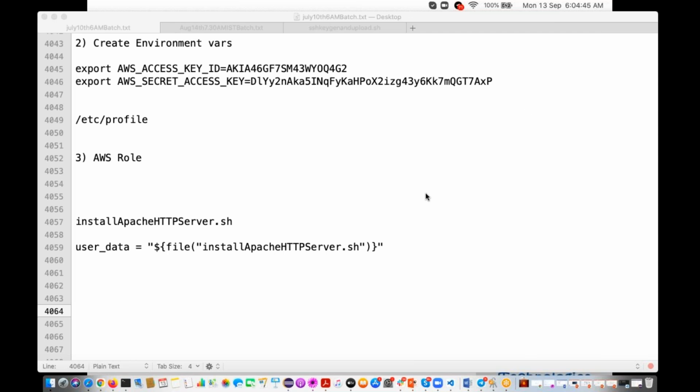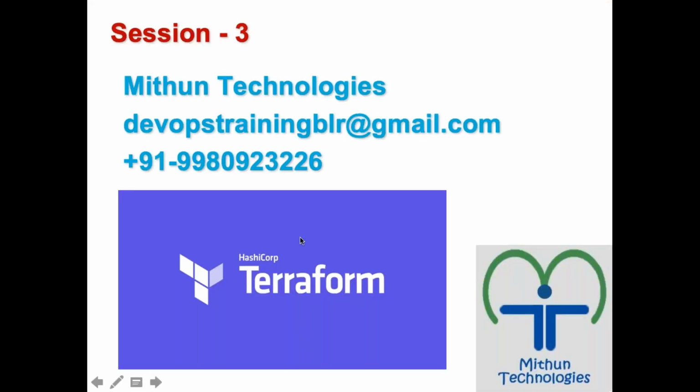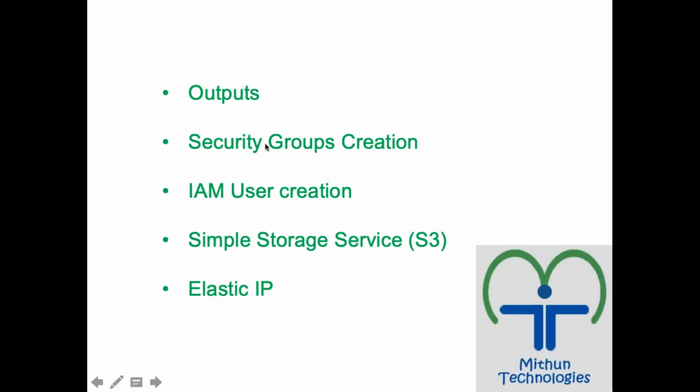If you delete the state file and execute the Terraform script, what will happen? It is going to create one more time whatever resources you mentioned in that Terraform script. Okay, so today we are going to discuss outputs.